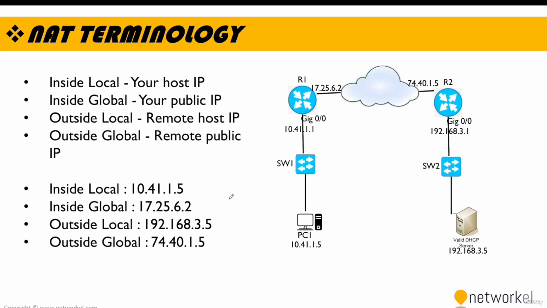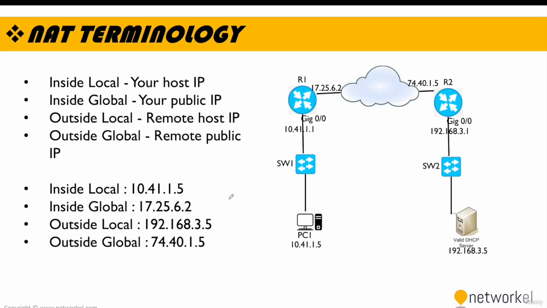That is basically the remote host IP. And we have the outside global, the actual public IP address of an external device on the internet. That is the remote public IP.